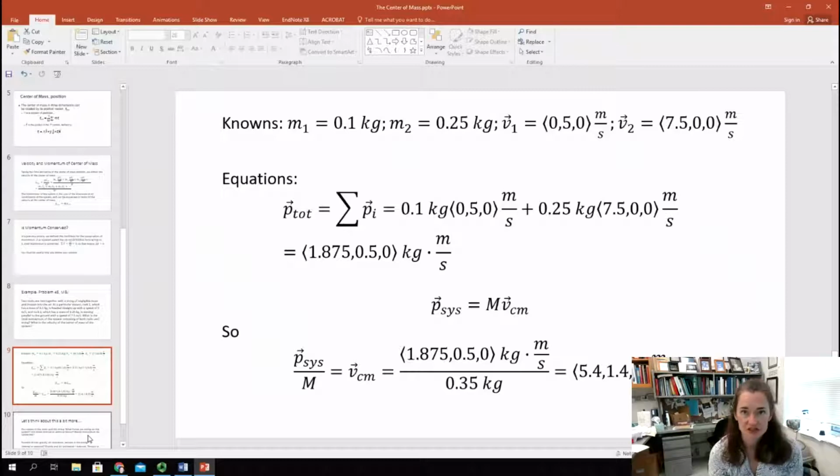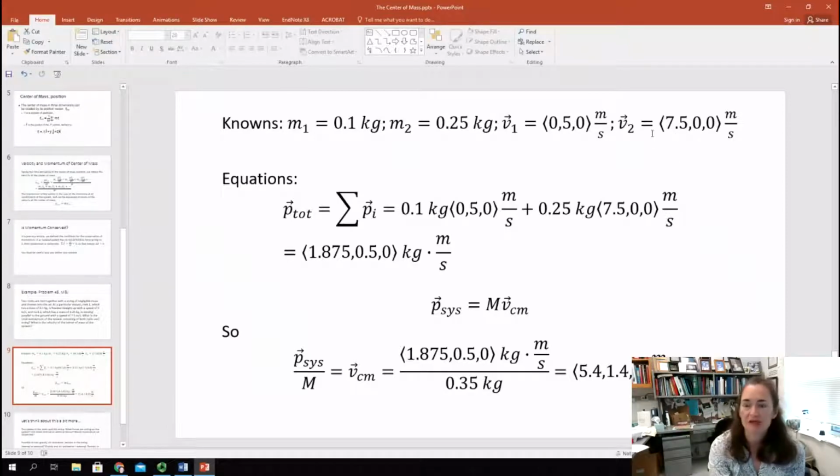Using the convention we've been using, where the y-axis is up-down and the horizontal plane is xz, straight up would be plus 5 meters per second in the y direction. So V1 would be <0, 5, 0> meters per second, using our standard notation where the angle brackets indicate a vector. So 5 meters per second up would be plus 5 in that y component.